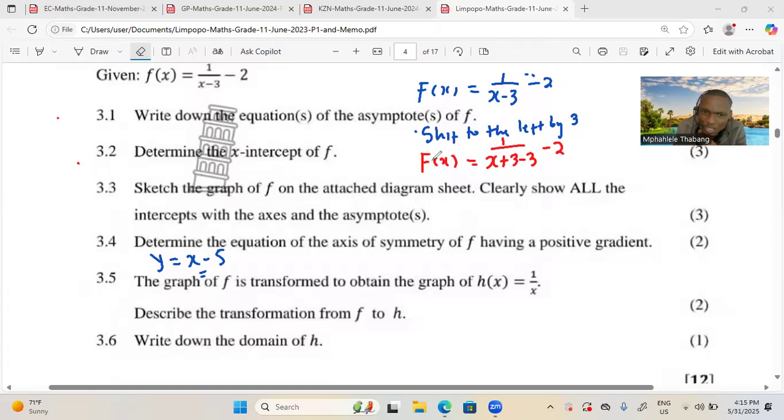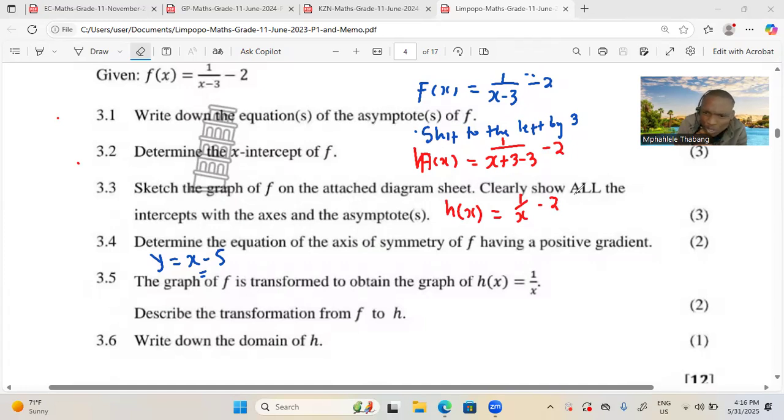Let us call it h of x now, instead of f of x. So h of x is equal to 1 over x minus 2. This happens when we have shifted to the left by 3 units. Now, if I say shift upward by 2 units, I'm simply saying add 2 to the function.